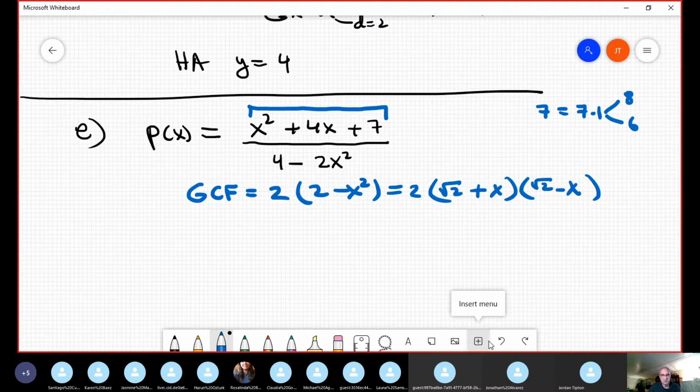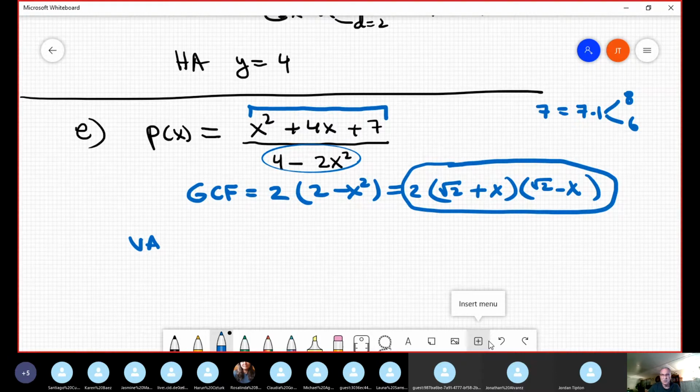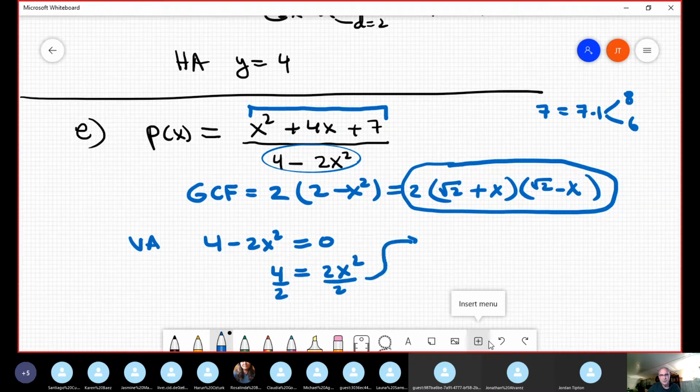Okay, let's focus on the vertical asymptotes. Remember, you take the polynomial in the bottom, the original if you want, or the factored form. I prefer the factored form, but either way. Suppose the original, so I don't complicate my life: 4 minus 2x squared equal to 0. And you solve this quadratic. Easy. I move 2x squared to the right-hand side, divide by 2, 2 is equal to x squared.